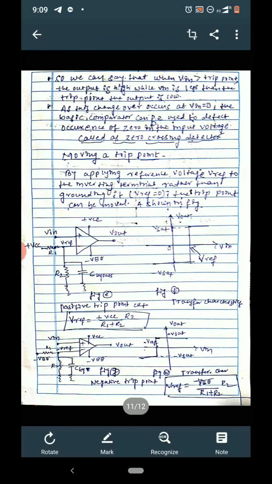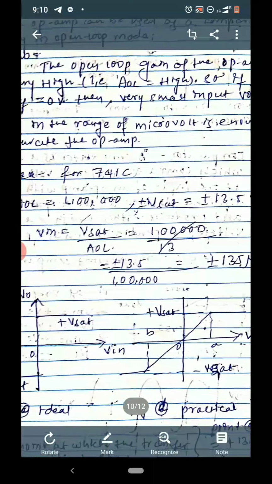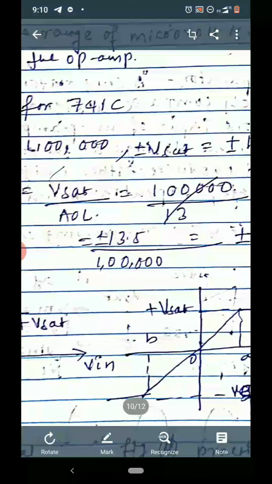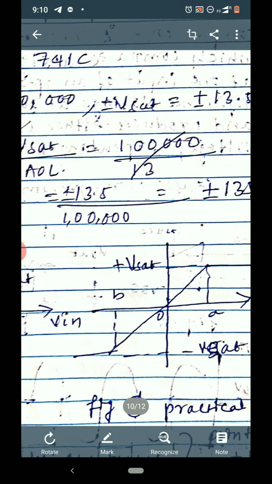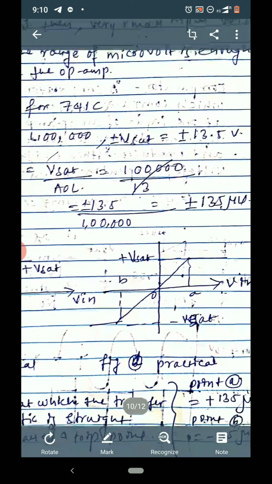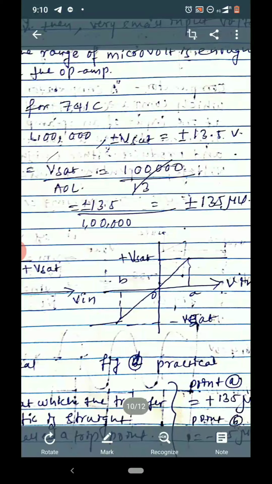Now see, in the example of the 741 IC, we have marked 2 points, A and B, at plus or minus 135 microvolt. These points are called trip points. I hope you are getting this.